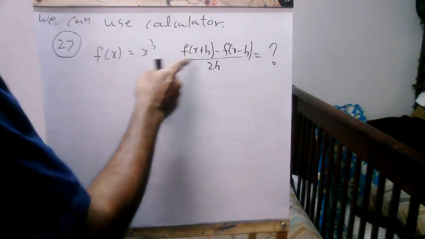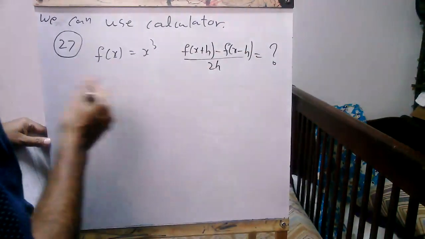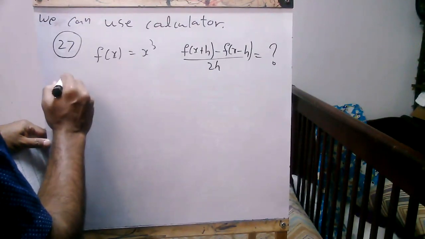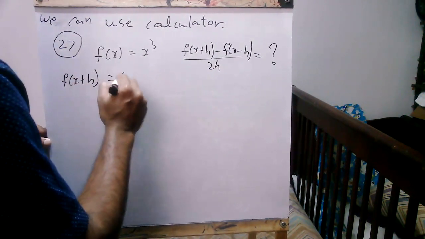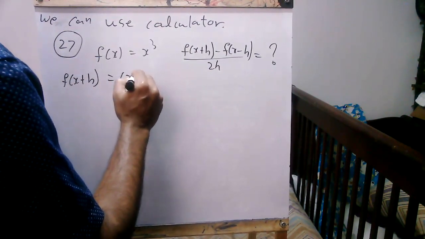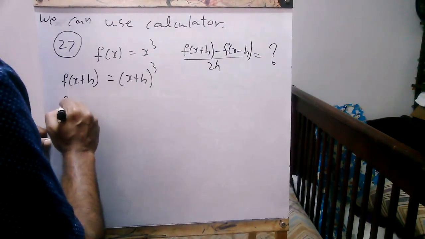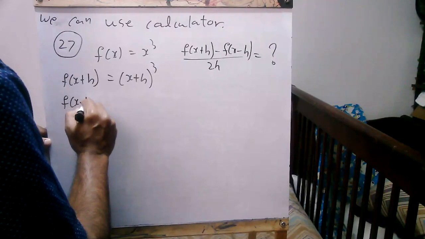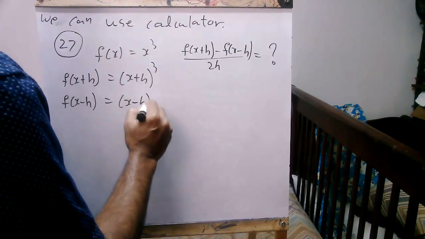Now let's write the equation for f(x plus h) and f(x minus h) separately. f(x plus h) equals x plus h cubed. f(x minus h) equals x minus h cubed.